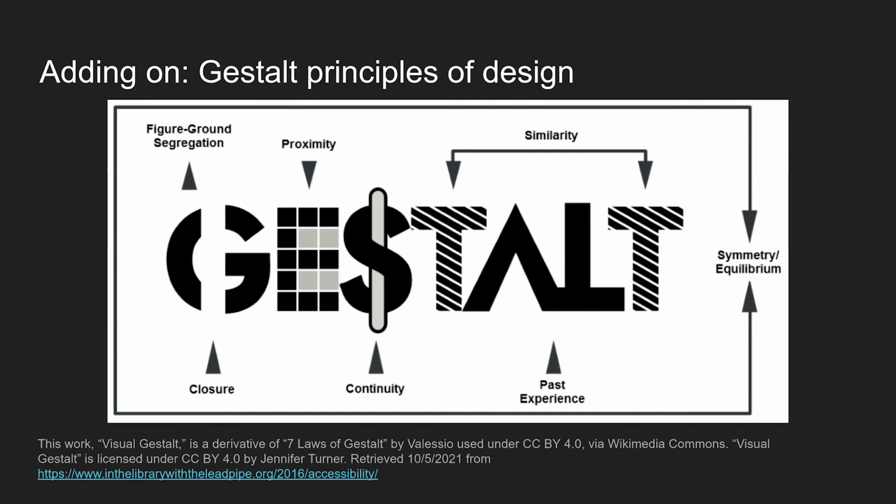So what you can see there is this word that we would most likely be able to read okay as Gestalt. And it's a German word, but the idea is that none of these shapes that you're seeing in the Gestalt are actually those letters in the way that you might normally think.